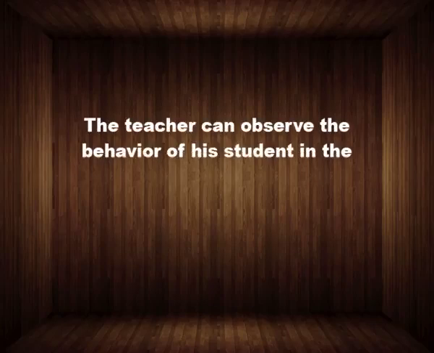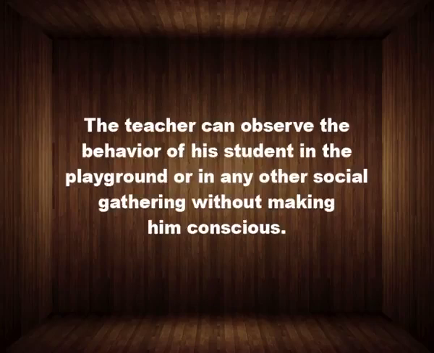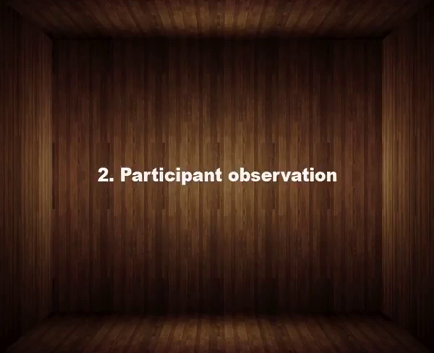For example, the teacher can observe the behavior of his student in the playground or in any other social gathering without making him conscious. Number two, participant observation. In participant observation, the observer becomes a part of that group which he wants to observe.